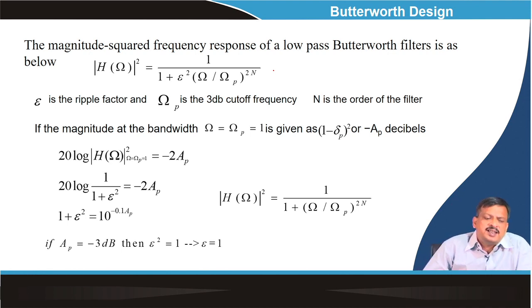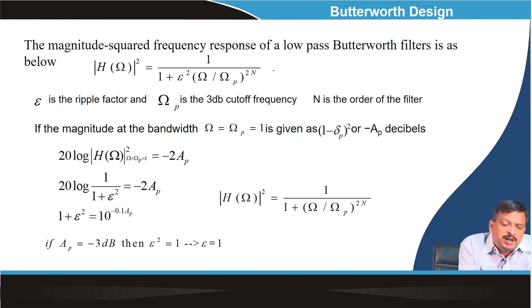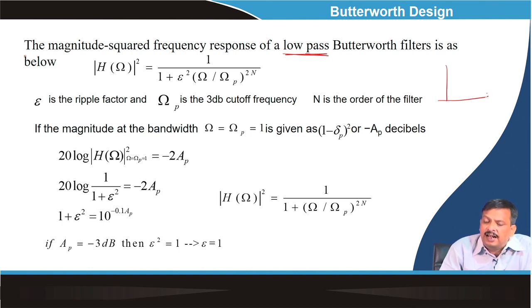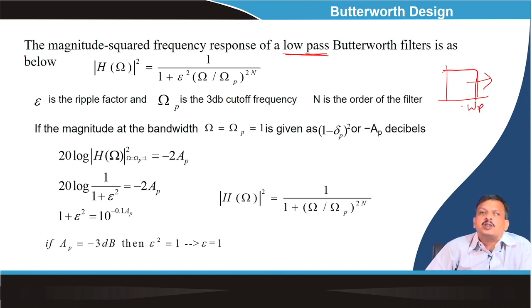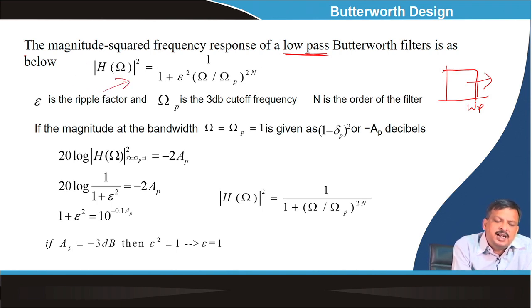Now, let us consider the magnitude square frequency response for the Butterworth low pass filter. We design the ideal low pass filter, then shift it for the desired high pass filter or band pass filter. I want to design a low pass filter using Butterworth design methods, where omega p is the passband edge frequency, and the magnitude response will be given like this: magnitude of H of omega squared.